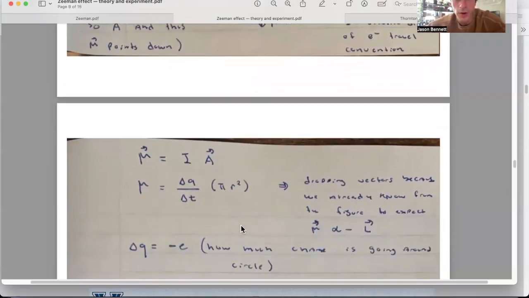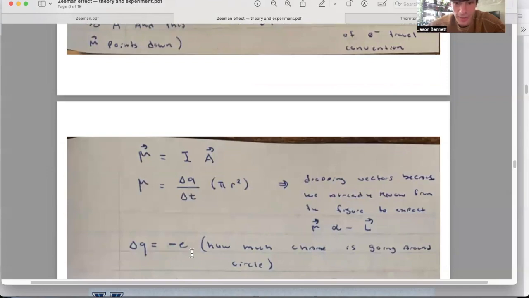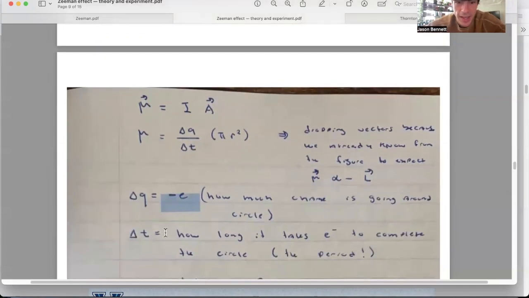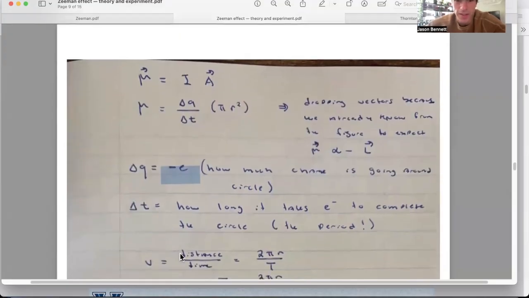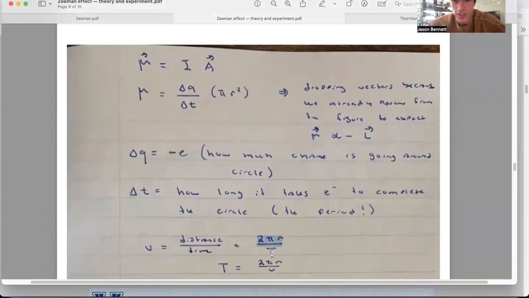Okay, so what is the change in the charge? It's the charge that's actually going around, the charge of an electron, negative e. And the time is how long it takes the electron to go around in a circle. That's a period. So if it's going around in a circle, the distance it covers is the circumference, 2 pi r. And the period is just this letter capital T.